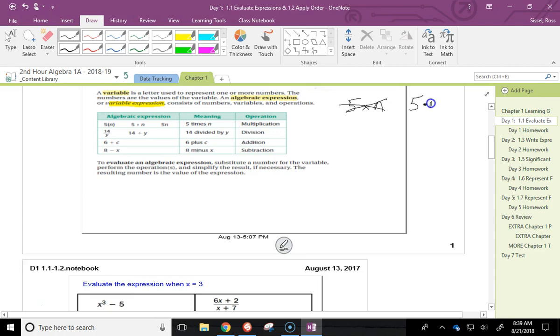So 5n, or what you'll see almost every single time in algebra, if you have a number and a variable, you just put them right next to each other and say 5n, and we know that means to multiply. So even if I had multiple variables, 5nb, that means 5 times n times b. Okay?